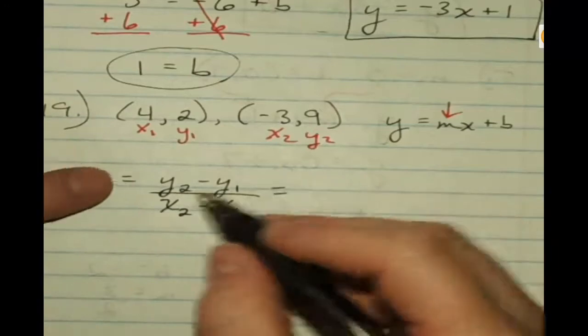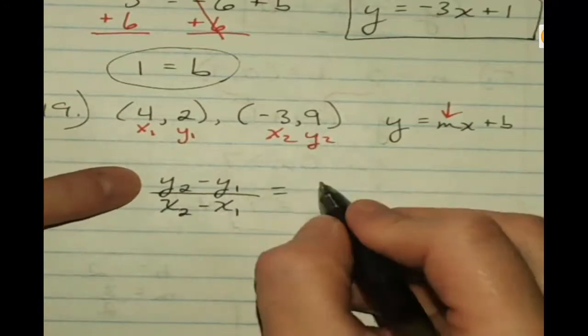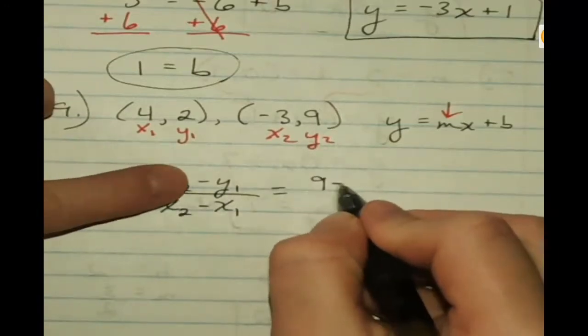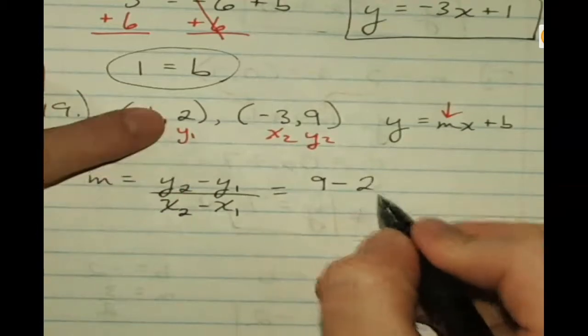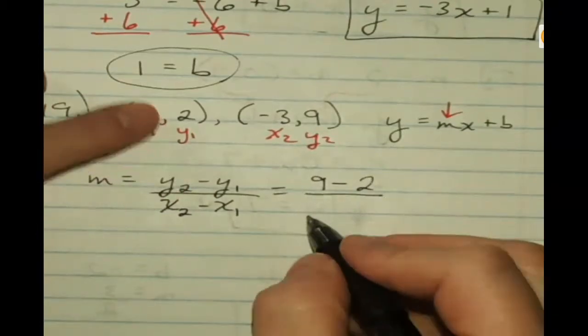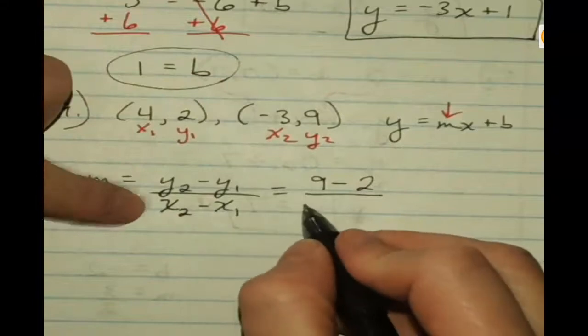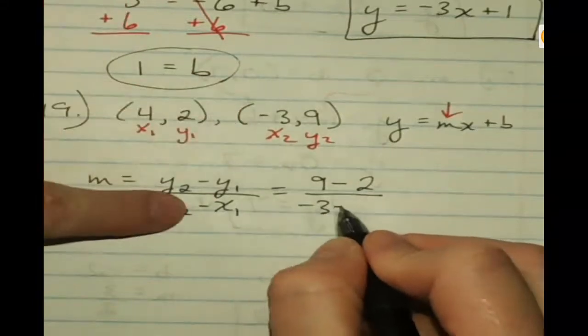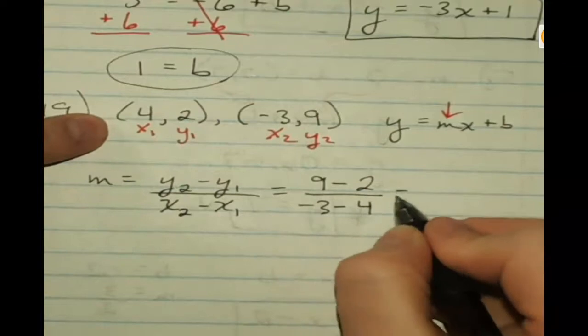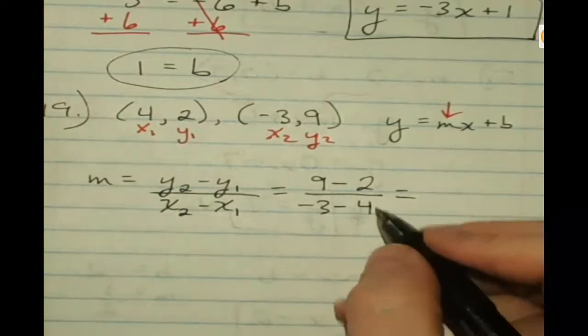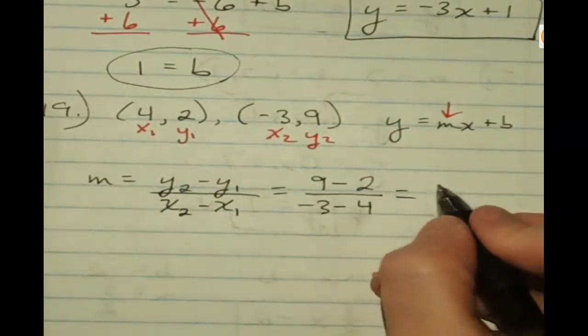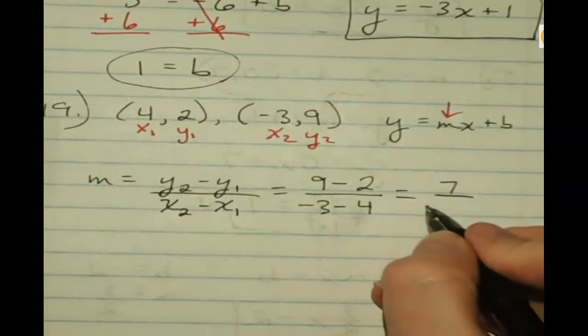So my y2 is 9 minus 2 for y1. And then my x2 is -3 minus 4. Good. So 9 minus 2 is 7 over -7.